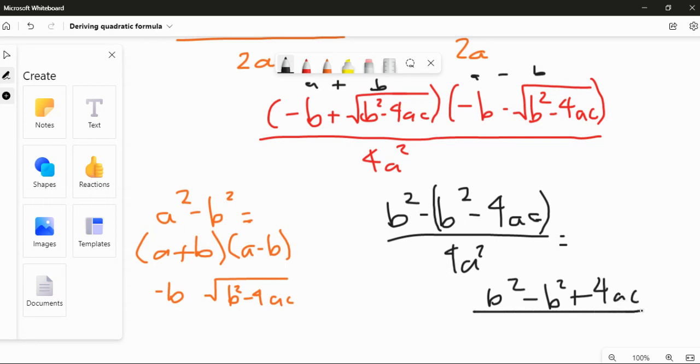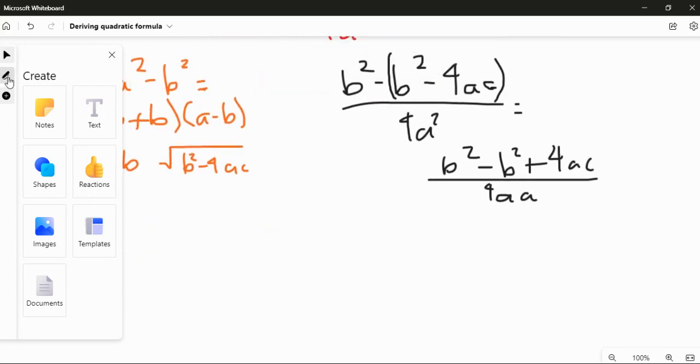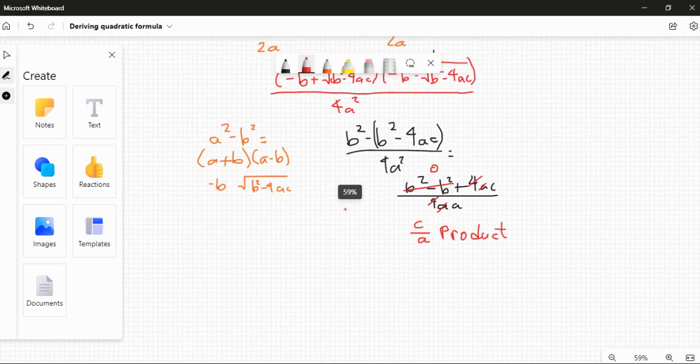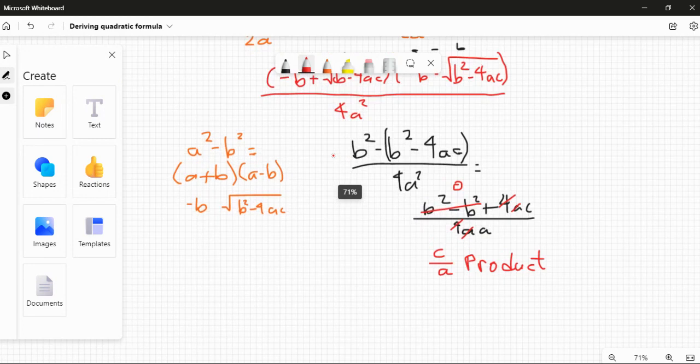Then I'll just write 4a squared as 4aa, and you'll see why in a minute, or you can already see why. The b squared terms cancel to get 0, and in the 4ac you can cancel the a's out, and you can cancel the 4 and 4. You're just left with c over a, which is the product of the roots. So that's how you derive Vieta's formulas.